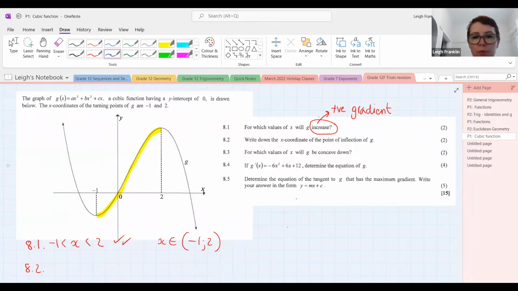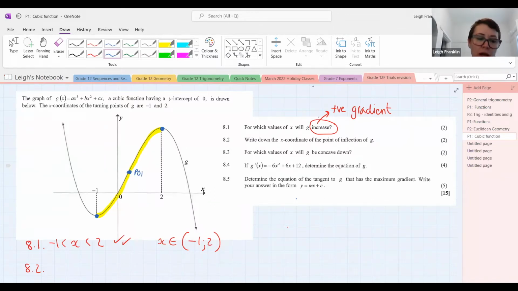Okay, so what Spoo is referring to is, in other words, what I'm trying to get you to say is this: you've got one turning point over here, and you've got another turning point over here, all right? And exactly halfway in between these two lies our point of inflection, okay?